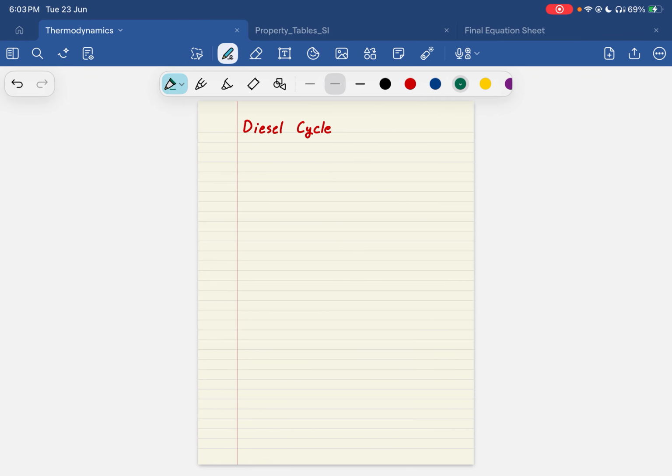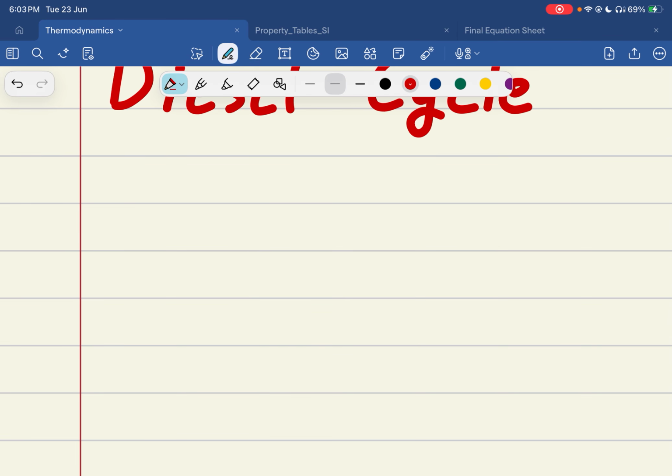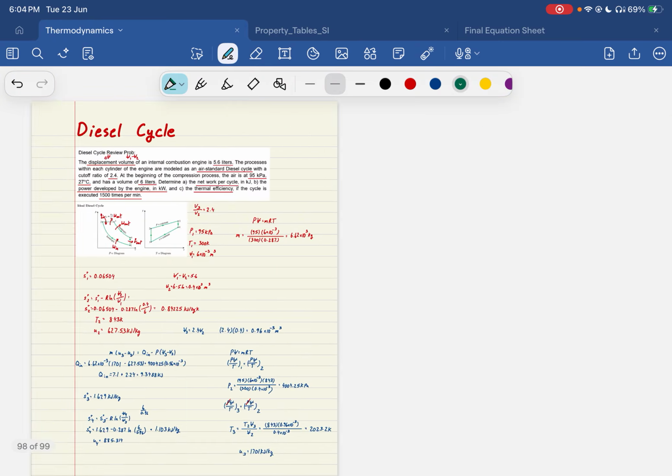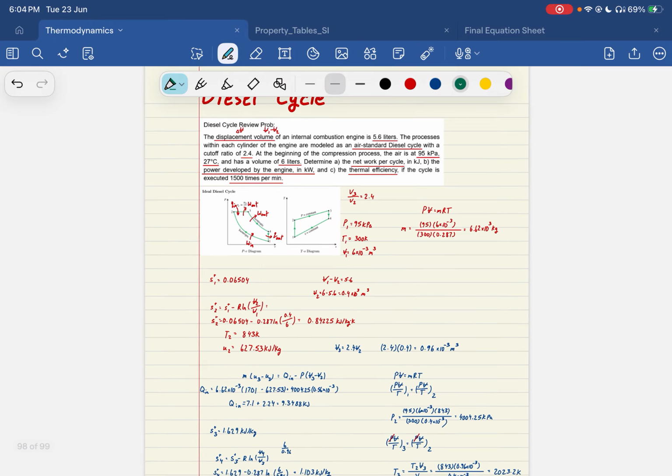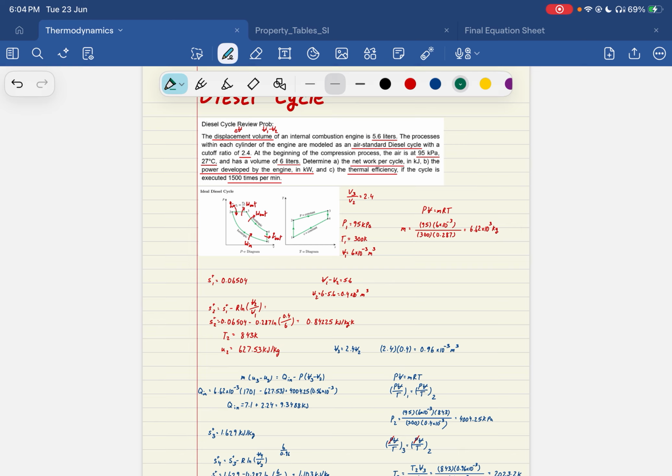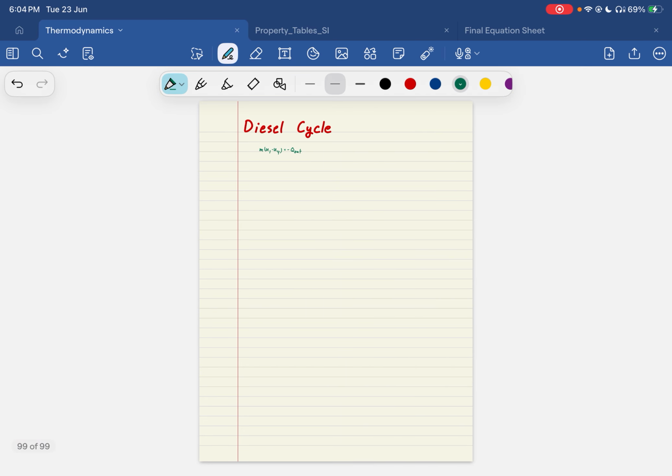And for the Q out, we know that it's going to be from state 1 to state 4. From that, we can say that state 1 we can just get from the 300 table.